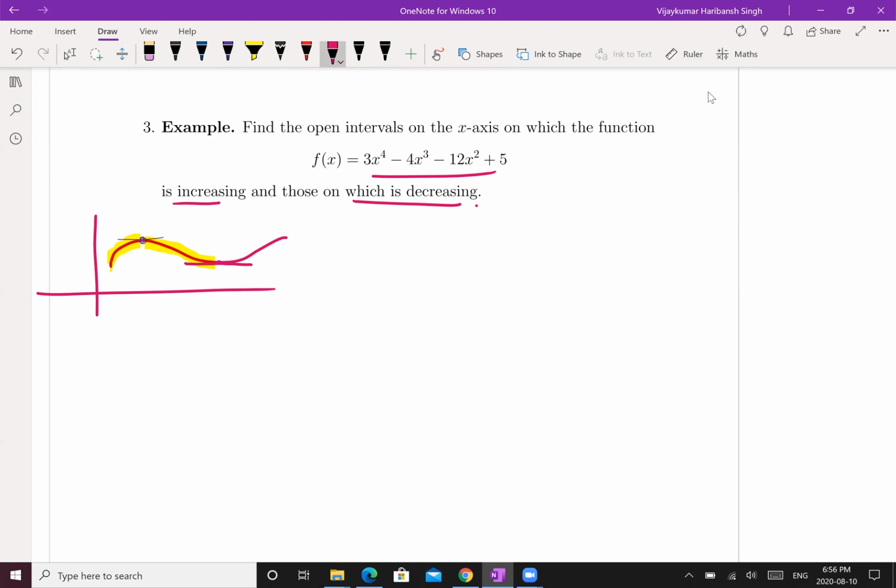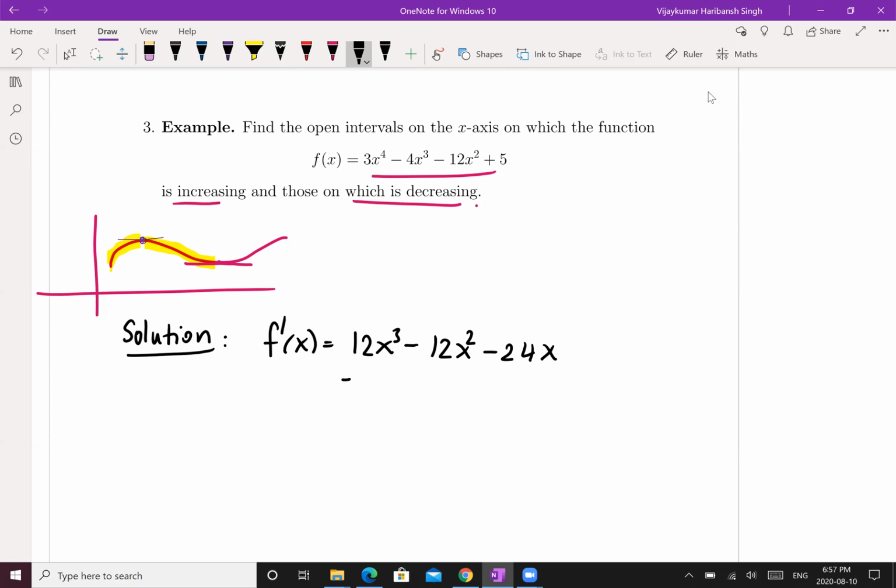So when you're asked about an interval, you need endpoints of the interval. These endpoints are provided by the points where the derivative is 0 or the derivative does not exist. So let's look at f prime x. f prime x is 12x cubed minus 12x squared minus 24x.